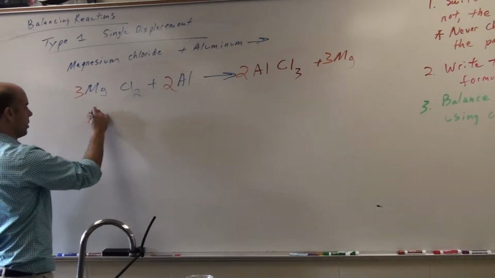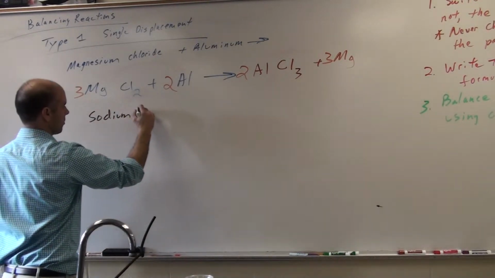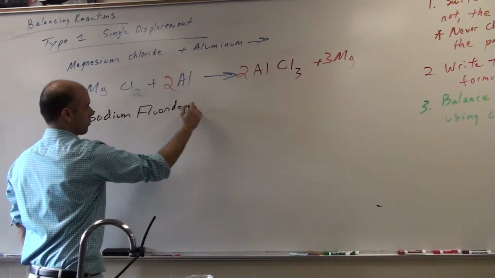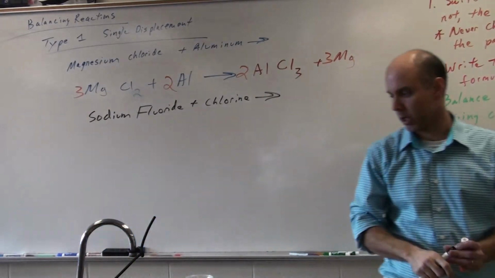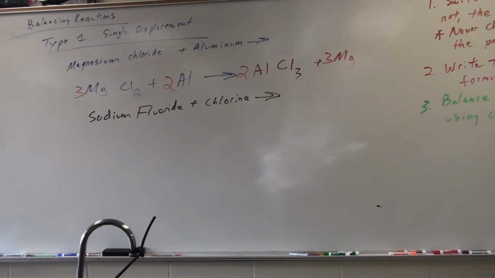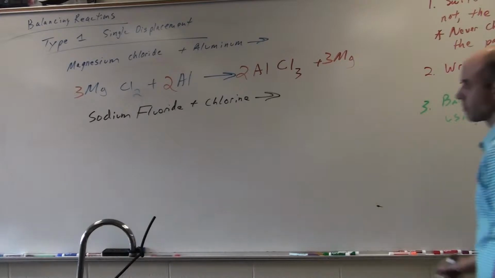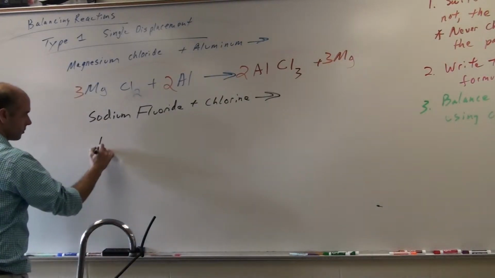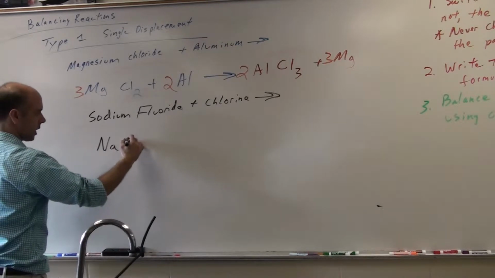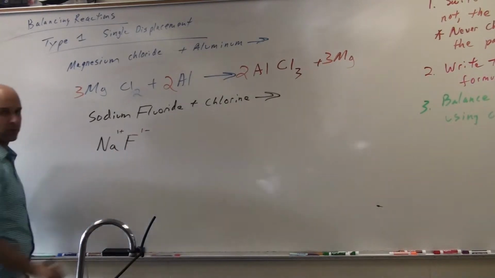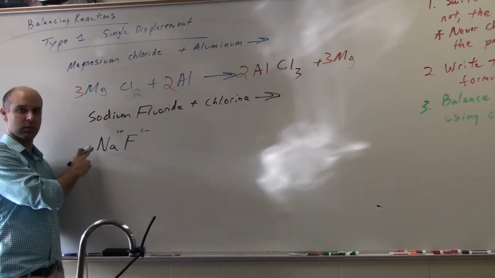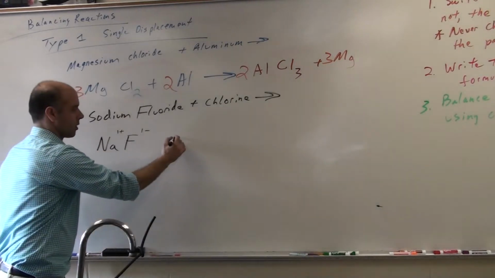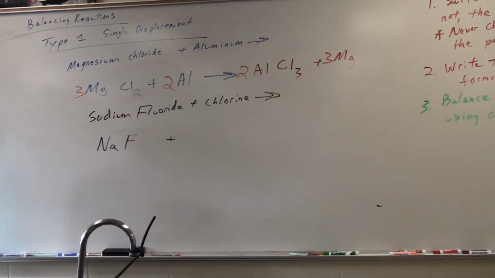Because if we have this one, sodium fluoride reacting with chlorine, sodium is Na, plus 1 charge, fluorine is minus 1. I balance it. What's the formula for chlorine?